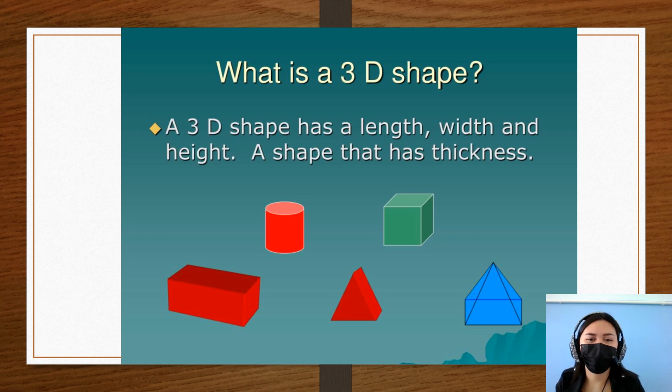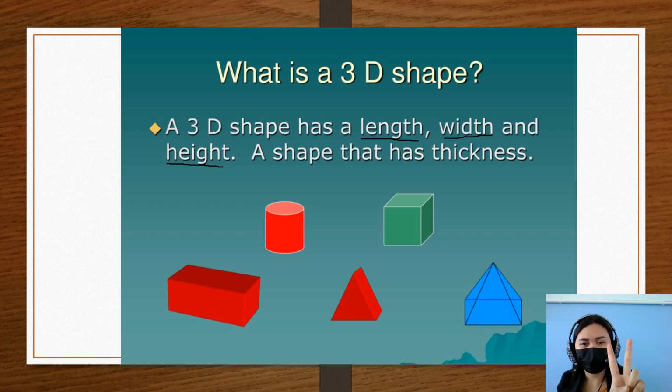Okay, let's have the meaning of 3D. What is a 3D shape? A 3D shape has length, width, and height. Remember, you just remember three words. In 2 dimensions, we remember two words, height and width.